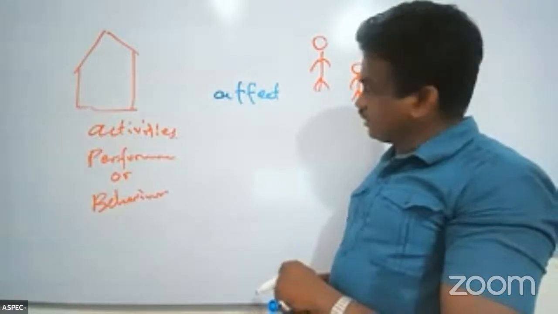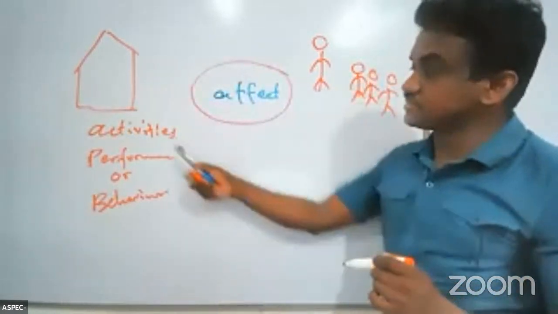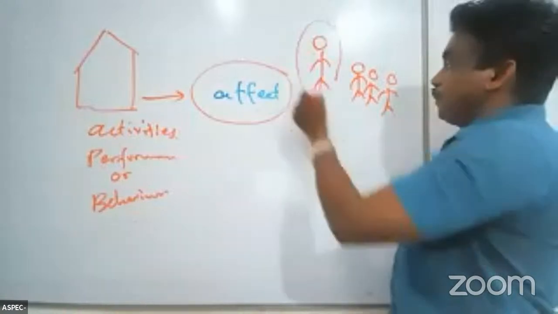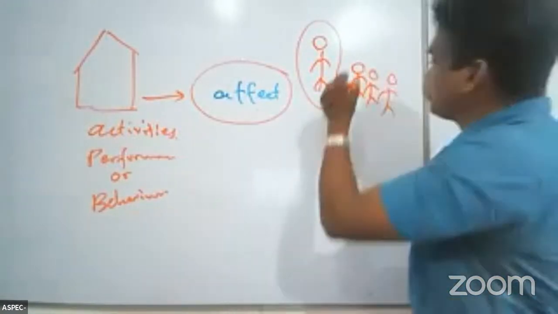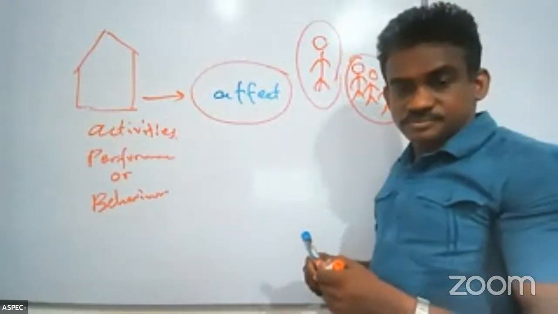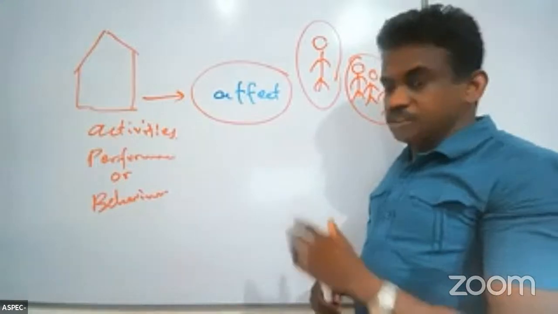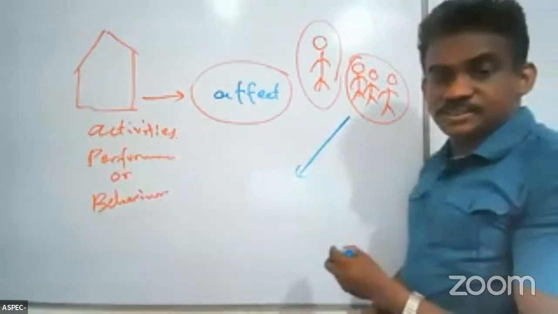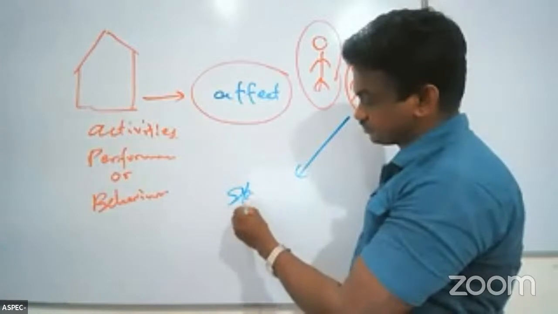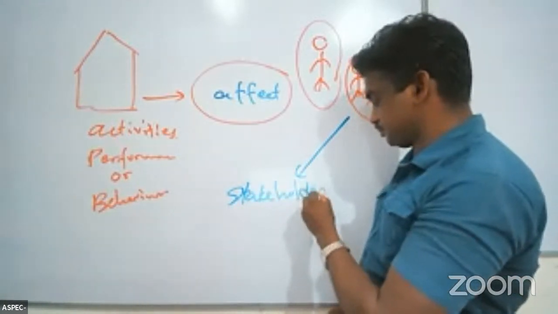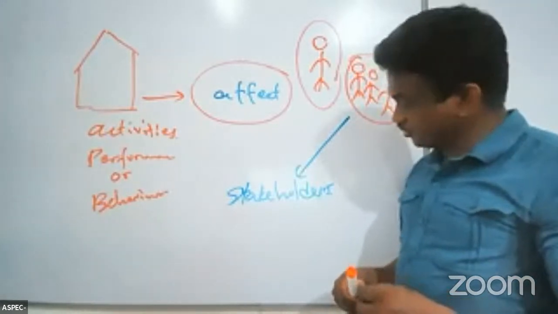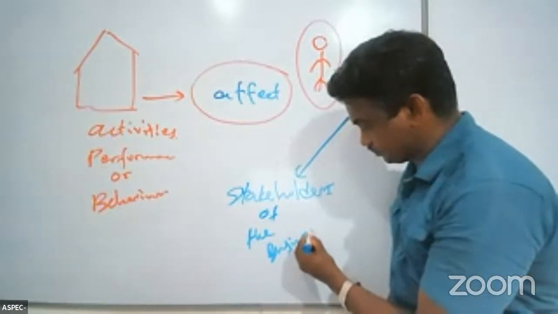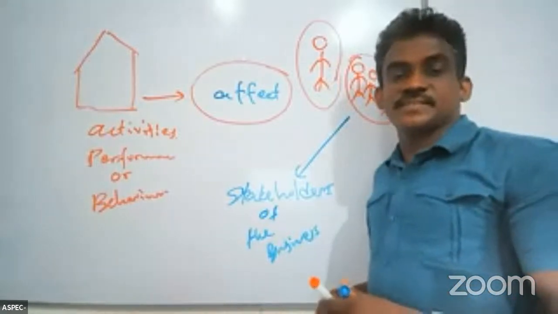The business's activities, performance or behavior affect individuals or groups. Those individuals and groups we call stakeholders of the business.